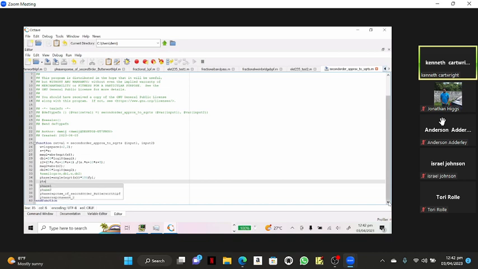And phase 2 is the angle of Z2. Okay. Times 180 divided by pi.